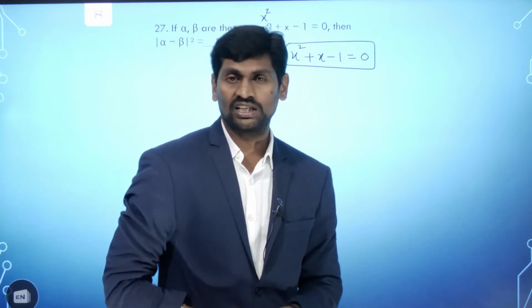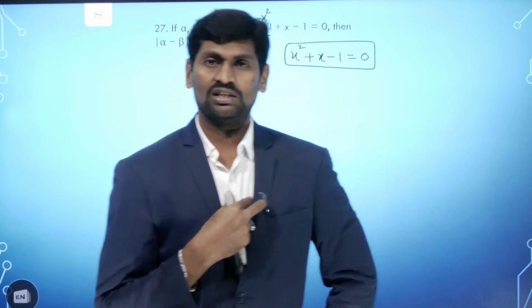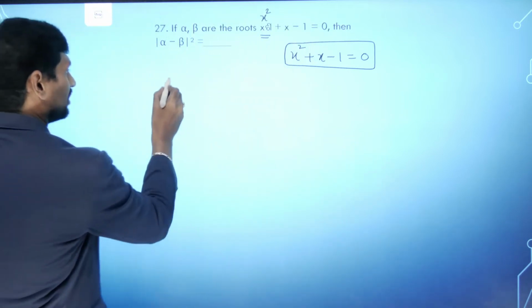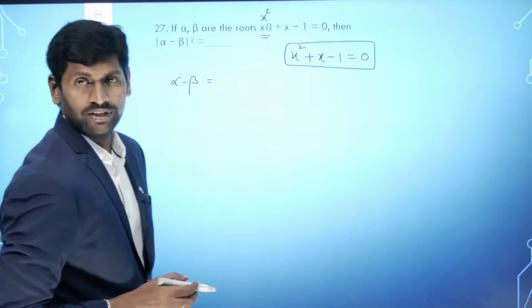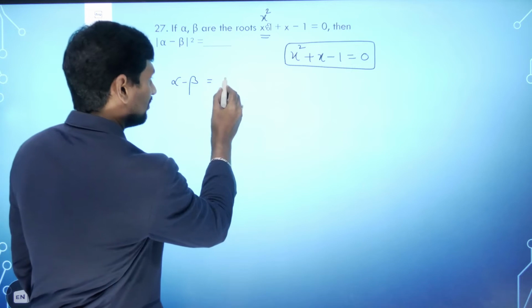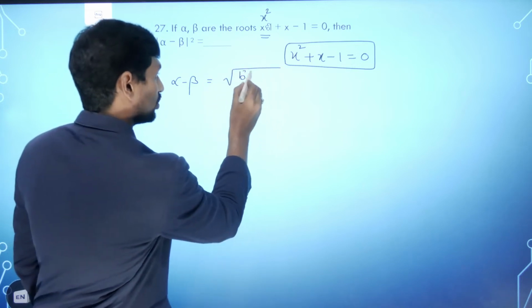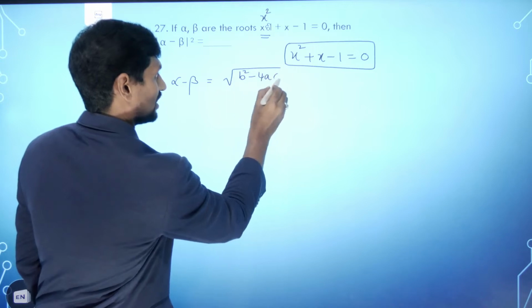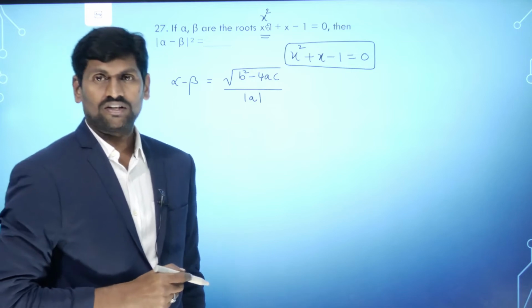Alpha minus beta is nothing but difference of roots. What is the alpha minus beta formula? Alpha minus beta, difference of roots, is root over b square minus 4ac by modulus of a.